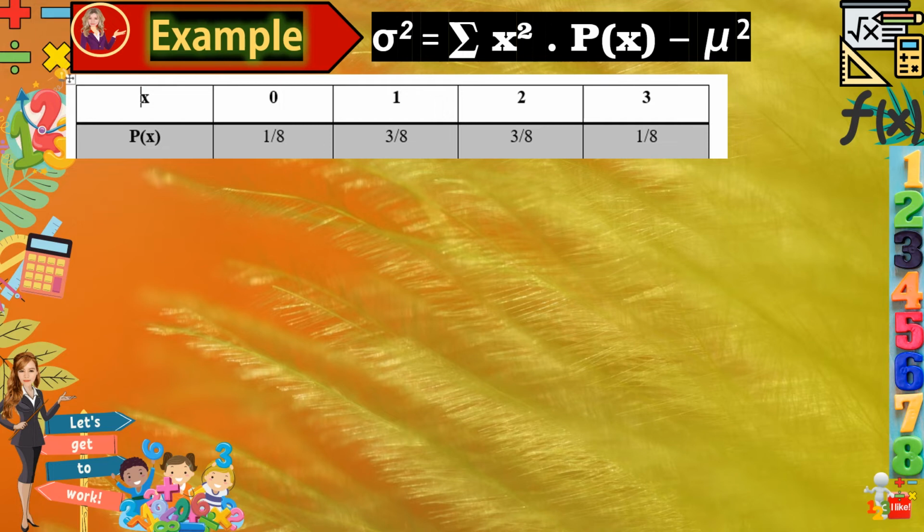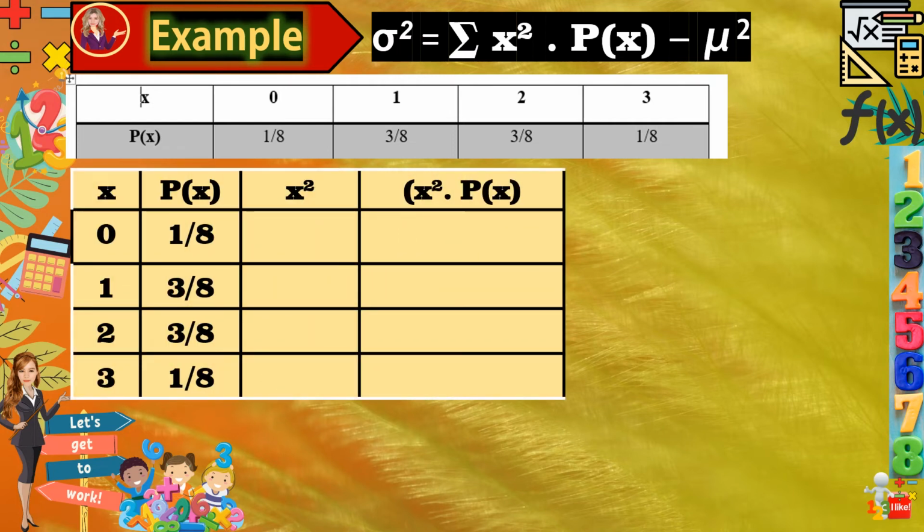We will see if we get the same result. First, we have x values for the first column, 0, 1, 2, and 3. And for the second column, we have p of x, 1 over 8, 3 over 8, 3 over 8, and 1 over 8. Then we need, again, to write the given mu, which is 1.5 for the mean.